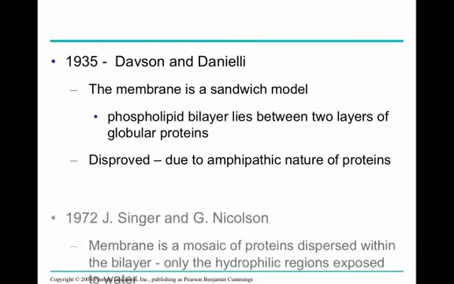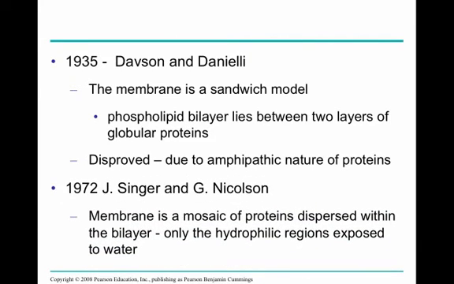So that sandwich model by Davson and Danielli was tossed, and in 1972, with the help of electron microscopes and freeze fracturing, they determined that the membrane is a mosaic.